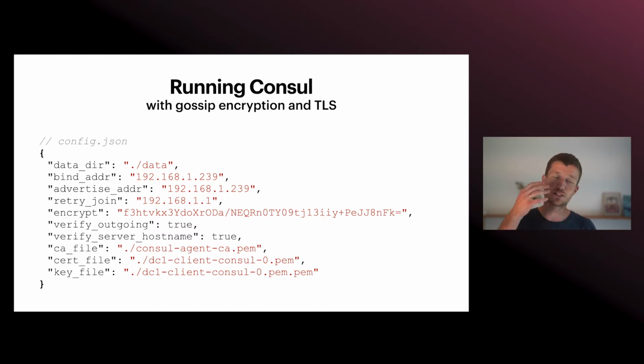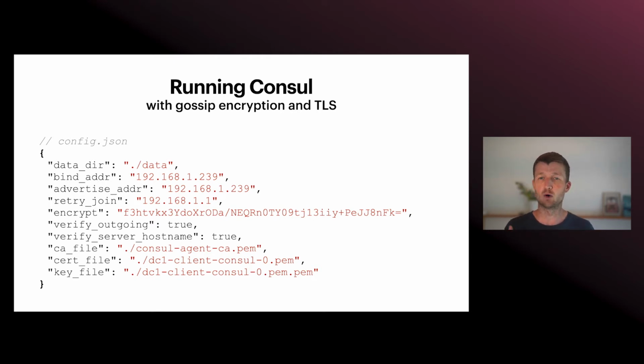The servers are maintaining the database with the key value store, the registered services, etc. So whenever a client looks up data on the servers, it's using RPC communication, and RPC communication is in this case TLS encrypted, which is great.